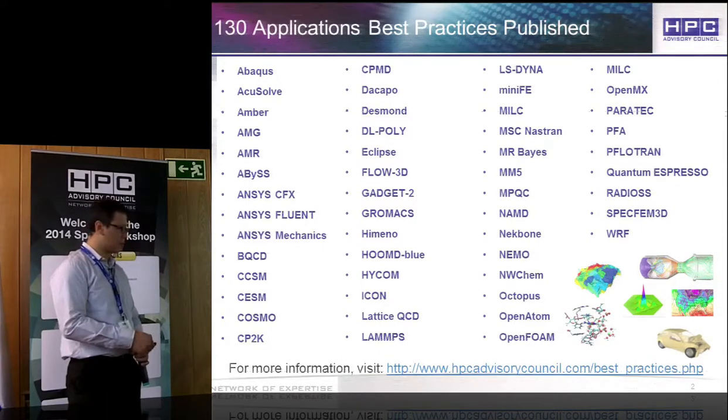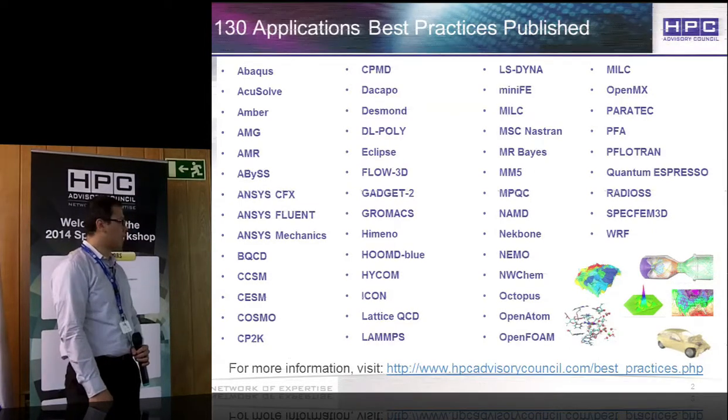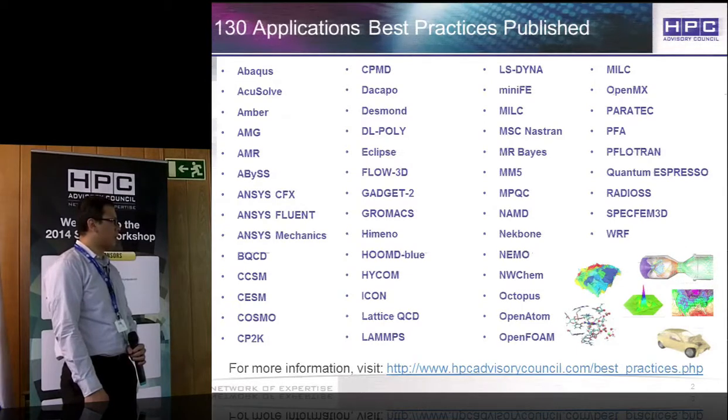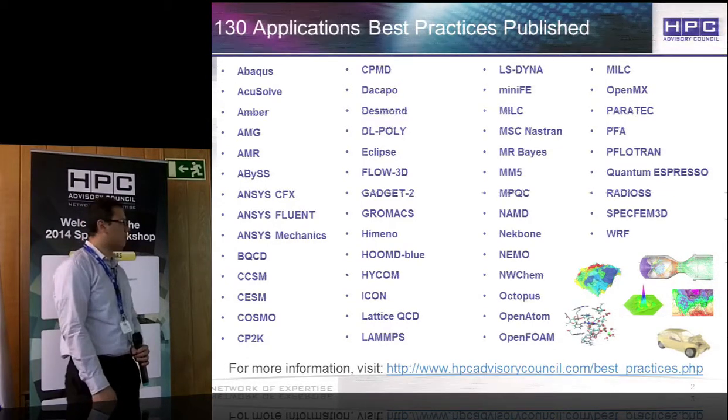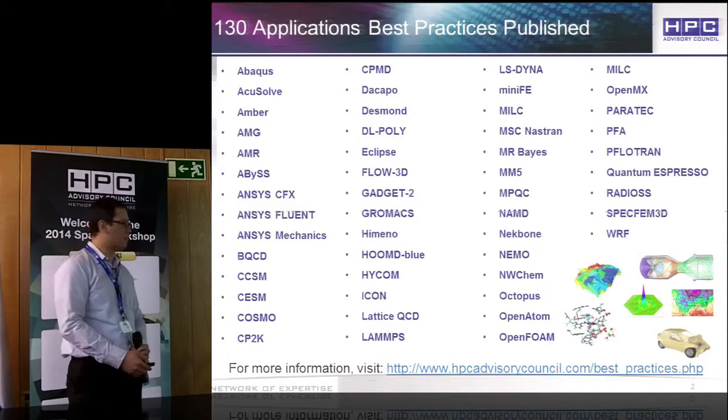There are many different types of HPC applications that are used in CFD, weather simulations, molecular dynamics applications and simulations, and other types of applications that are well known. This is just a snapshot of many of them.